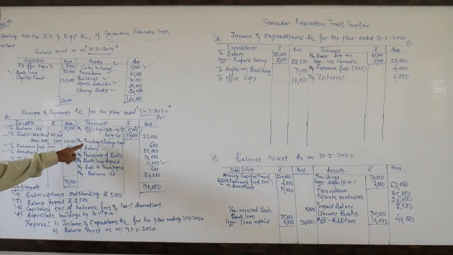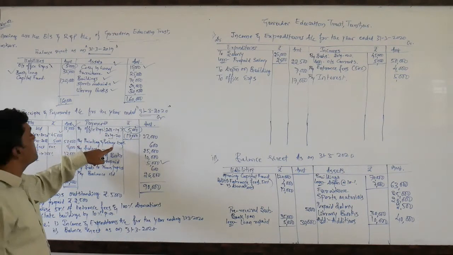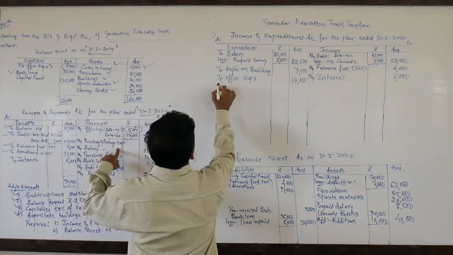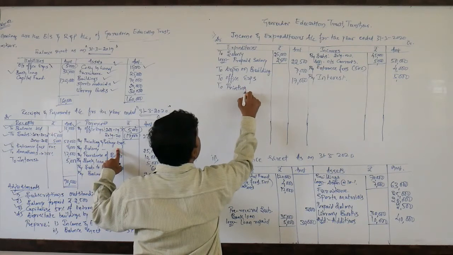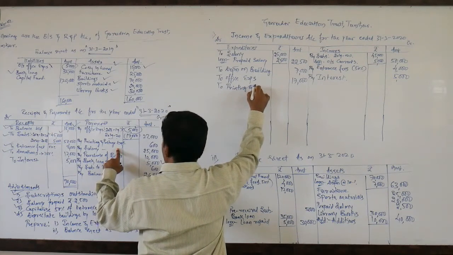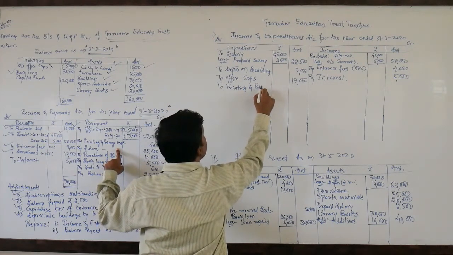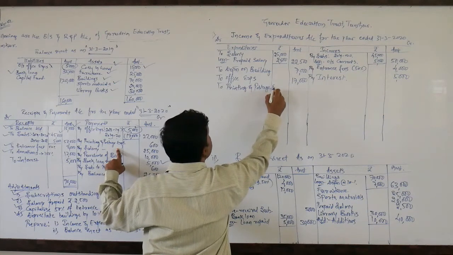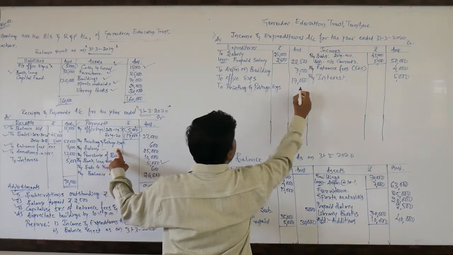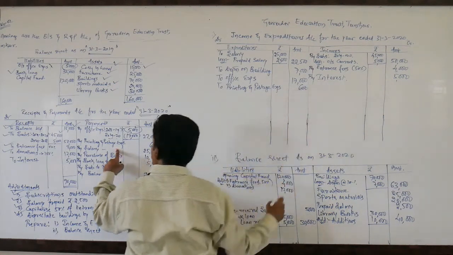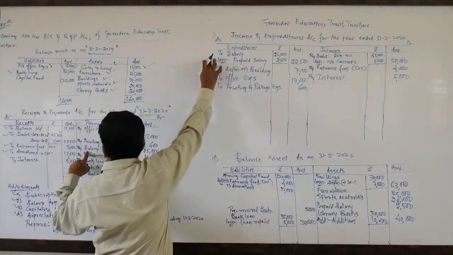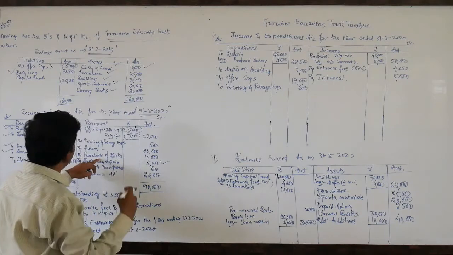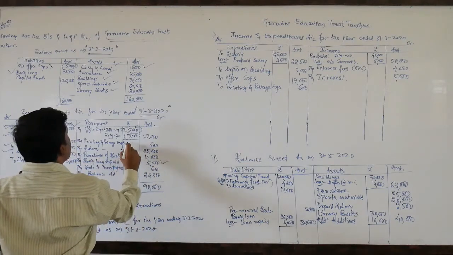After that, printing and postage expenses separately, rupees 600. Salary we have already considered. Purchase of books we have already written.